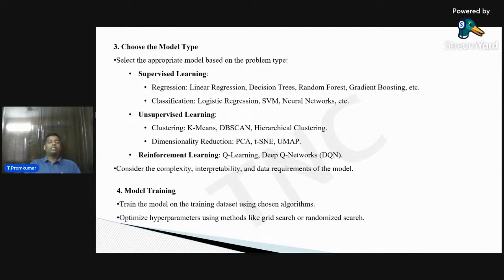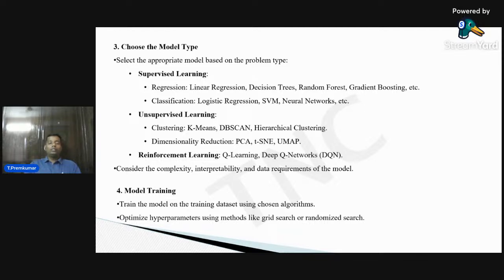In the case of classification, logistic regression, SVM, and neural networks are used. In unsupervised learning, we have clustering, which involves k-means, DBSCAN, and hierarchical clustering. The next one is reinforcement learning using Q-learning and deep Q-learning. Consider the complexity, interpretability, and data requirements of the models.